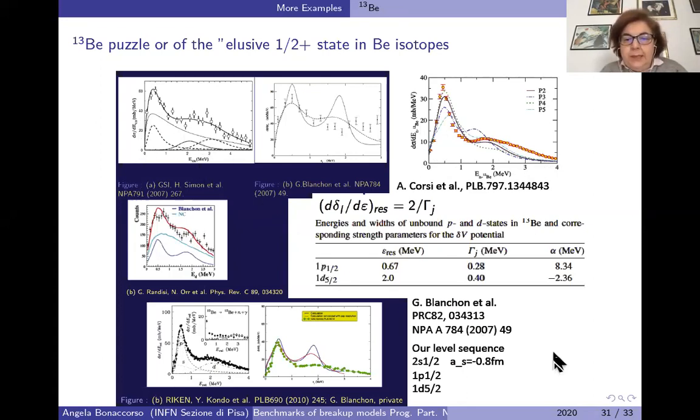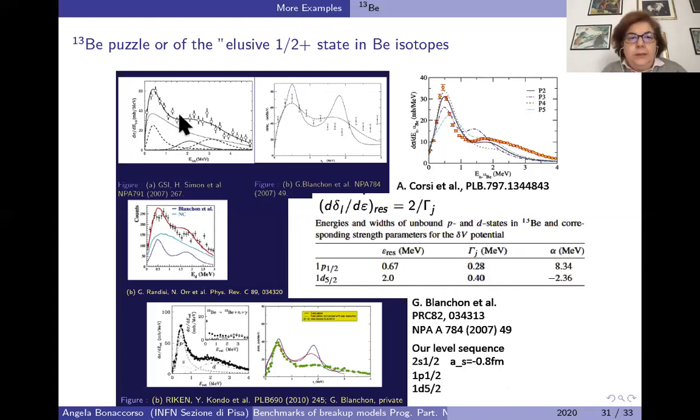When we did these calculations with Guillaume Blanchon and Nicole Vimont a long time ago, we used a model which was not adjusted. Nicole Vimont had the microscopic model for these two halo nuclei, in which we knew exactly the sequence of states, the energies, and the widths of the resonances. The only thing we used as a fitting parameter was the scattering length of a possible S state.